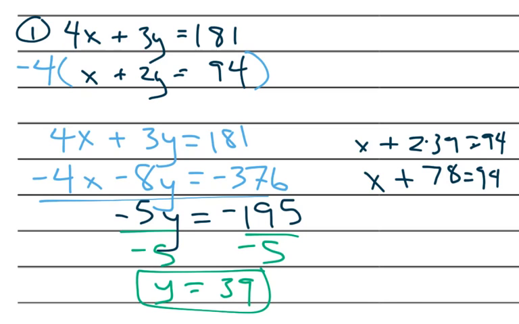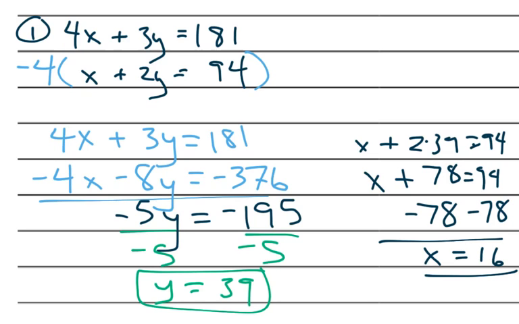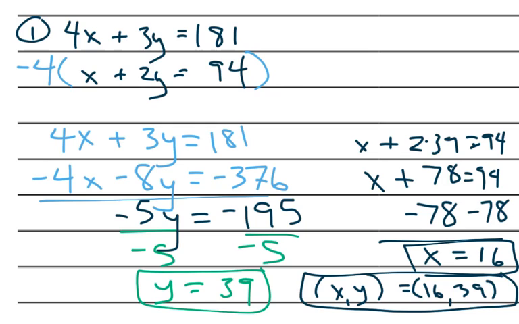So that becomes x plus 78 equals 94, and then once we subtract, we'll say that x is 16. I'm checking my math to make sure I'm not messing up. There I am summarizing my answer, and I just plugged both of them into the calculator and we're good to go, because it checked out in my original two equations.